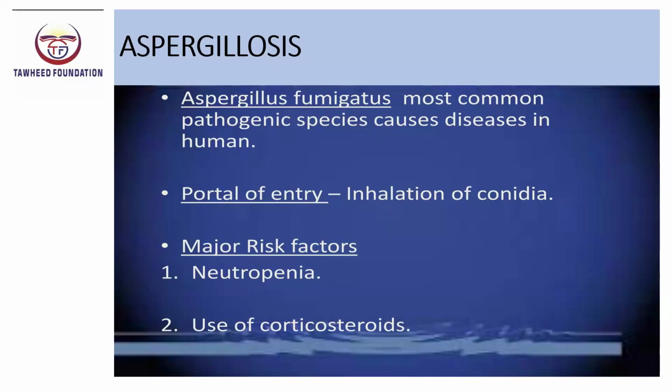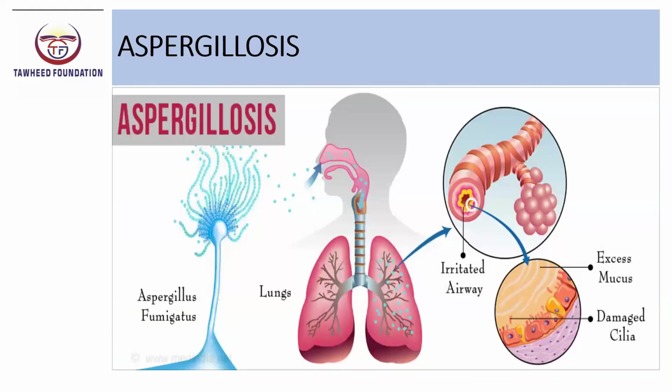Neutrophils then come into action, and oxidase damage of hyphae occurs. Virulence factors of Aspergillus include adhesins, antioxidants, and toxins. Antioxidants include melanin and catalase. It is a diagrammatic representation.